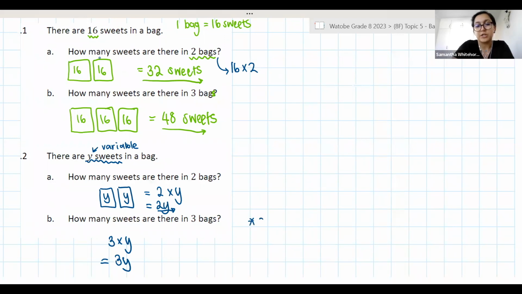I'm going to add a little question here. How many sweets would I have in half a bag? So what would my expression be for the number of sweets if I only had half a bag of sweets? I've added it on the side there, so tell me what you think.